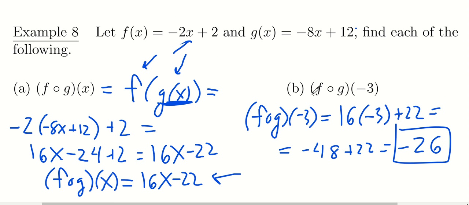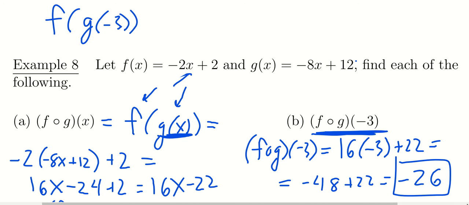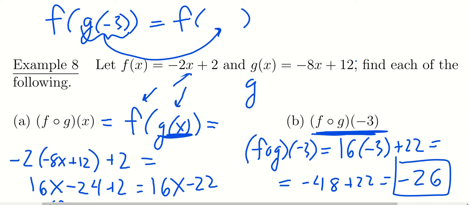An alternative way that we could have done part B, had we not done part A first, is if they asked for this value here, f composed with g of negative 3, this is, after all, by definition, f of g of negative 3. So we could actually begin by finding the value of g of negative 3 first, taking that value and then plugging it into f. If you do g of negative 3, that would have been negative 8 times negative 3 plus 12.